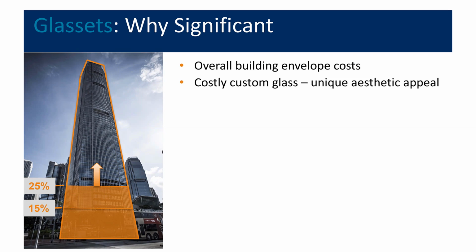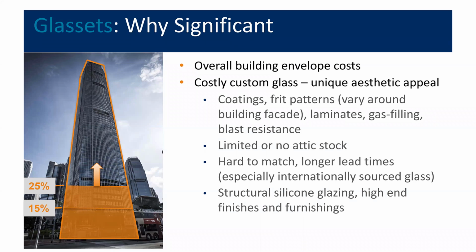And what's more is the costly glass within the building facade can make up about 50% of the overall building envelope costs. And the reason for that is a couple of bullet points here.